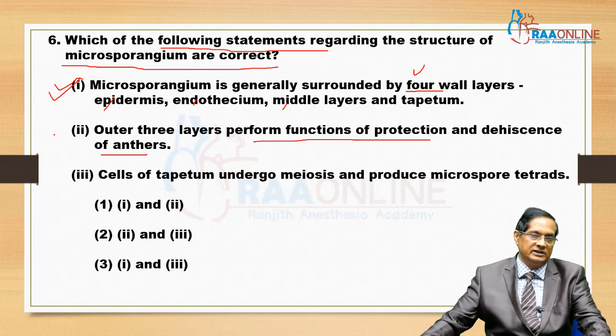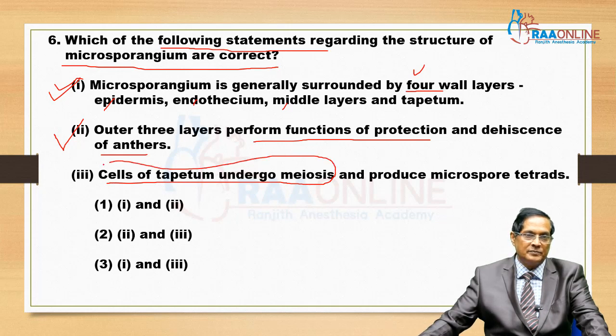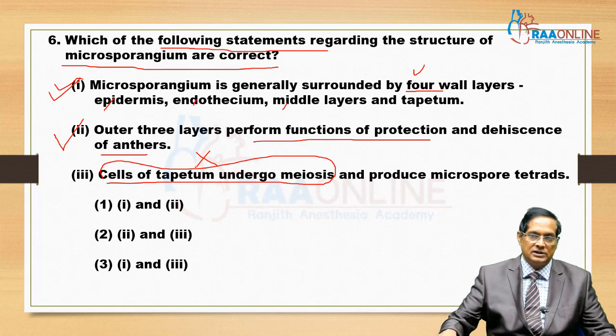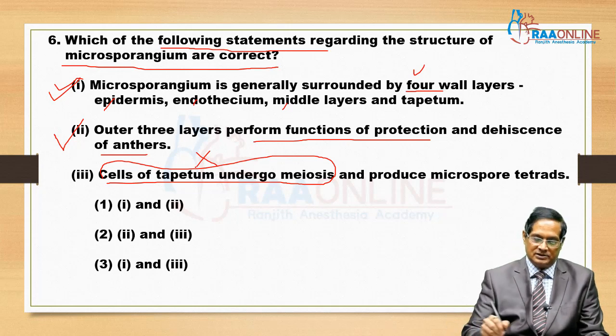This line is given in the NCERT, so that is right. Cells from the tapetum undergo meiosis: this is wrong. The tapetal cell does not perform meiosis. Meiosis is seen in the microspore mother cell or sporogenous cell.